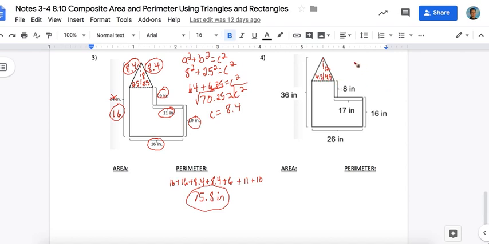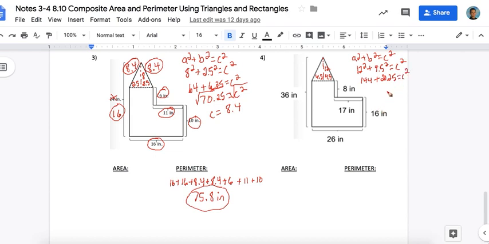Okay, so once again, I only need to calculate the Pythagorean theorem one time because they're both the same. So a squared plus b squared equals c squared. We're going to call the a the 12, so we're going to do 12 squared plus 4.5 squared equals c squared. 12 squared is 144. 4.5 squared is 20.25 equals c squared.